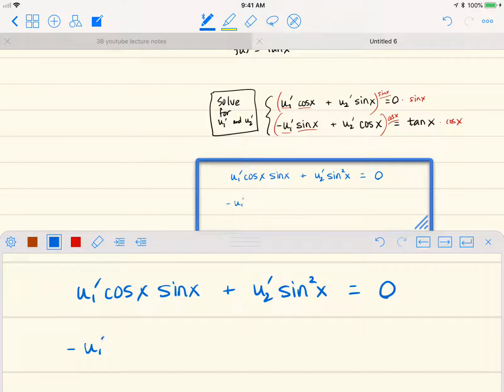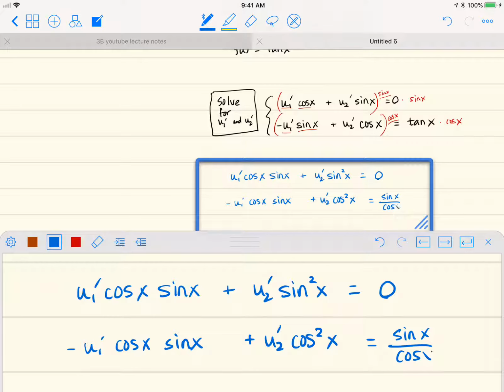So I have minus u1 prime cosine x sine x plus u2 prime cosine squared x equals, now what is tan x times cosine x? Tangent is sine over cosine, right? So it'll be sine x over cosine x, but I'm multiplying it by cosine x, so I'm left with just sine x. Okay, so equals sine x.